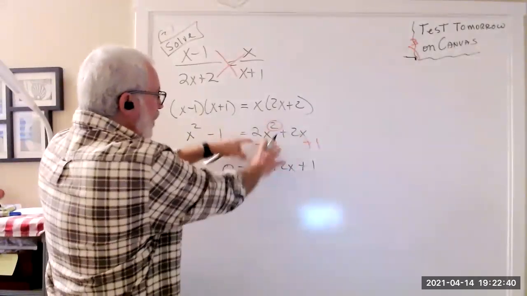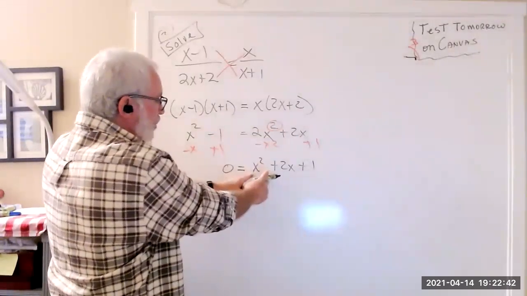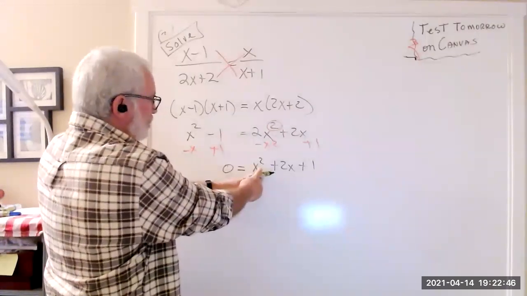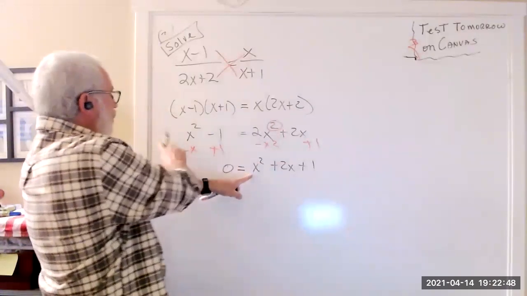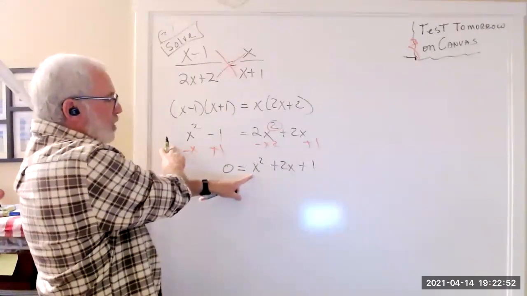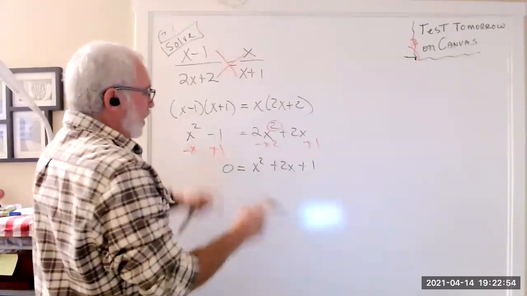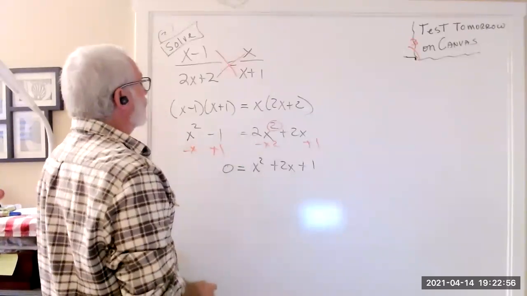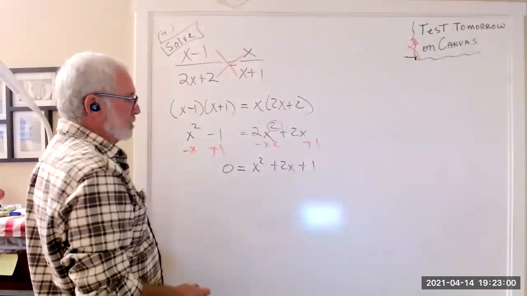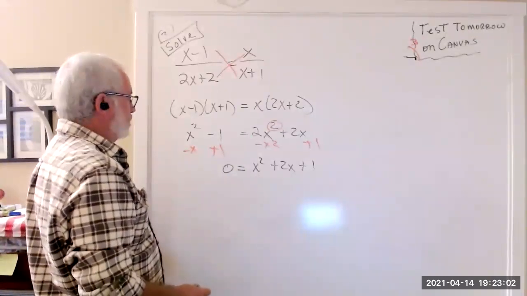So I want to leave the 2x squared there to keep it positive. If I move the 2x squared over here, I'd have negative 2x squared, and I want that to maintain positivity as much as I can. Okay, yes, no? I think I'm okay. Yeah.